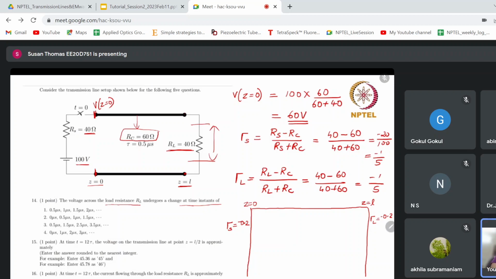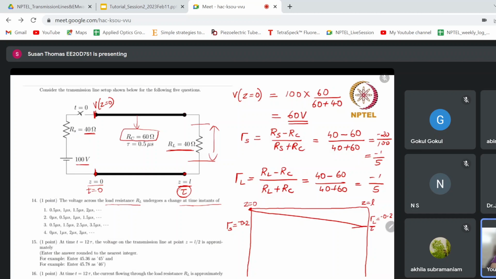Now from time t equal to 0, propagation from z equal to 0 to z equal to L happens within one transit time. So we take this transit time as tau.